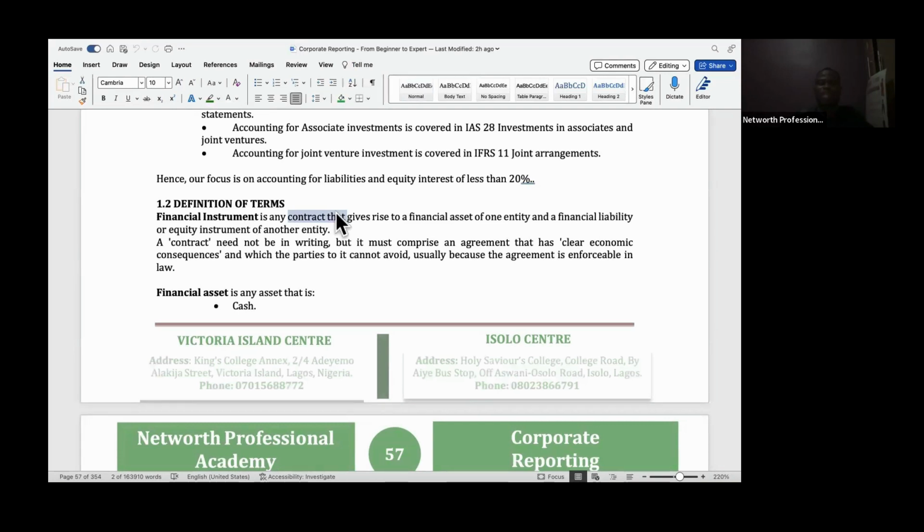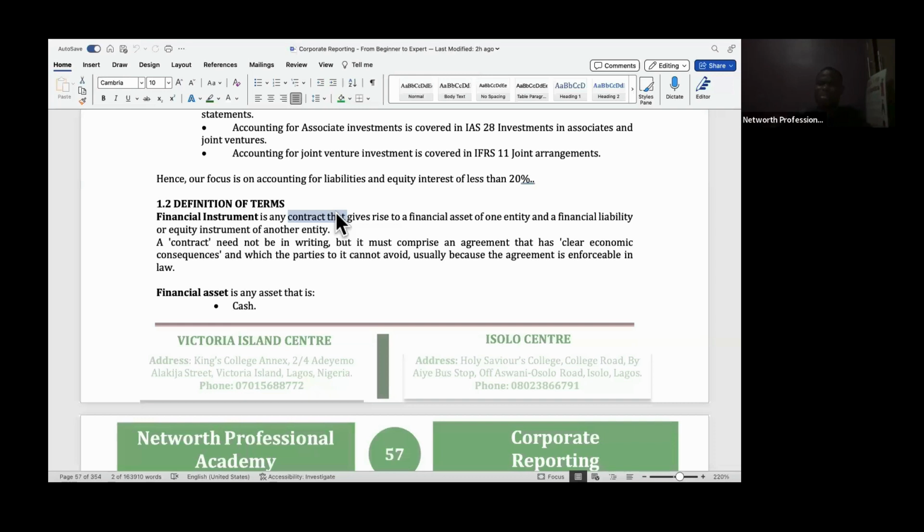So we established firstly that a financial instrument must be a contract. It is a contract, and this contract must have two parties. One party must have a financial asset, and the other party must have a financial liability.